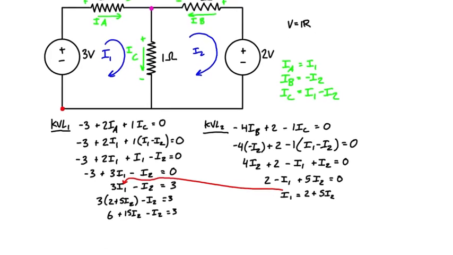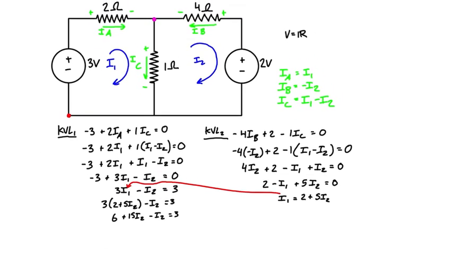Let's give ourselves a little bit more space to work here. But we're basically just going to get 14 I2 is equal to negative 3, and I2 is ultimately equal to negative 3 over 14, or it's equal to negative 0.214. That is in amps. But we can pretty much just take that and then plug it right back into this guy.